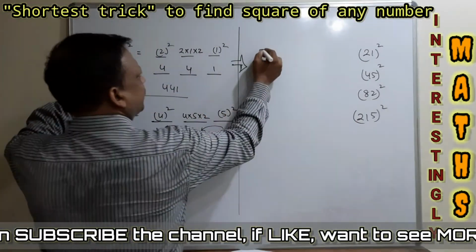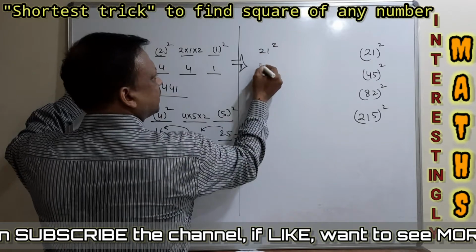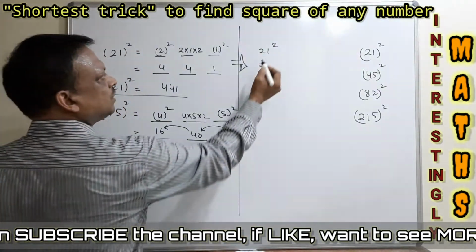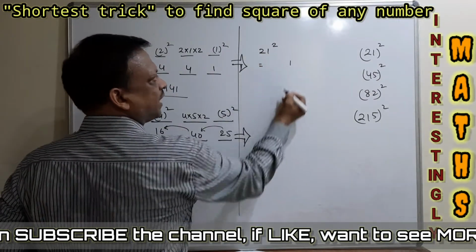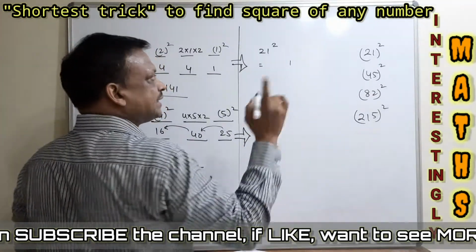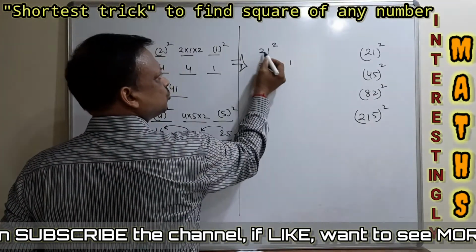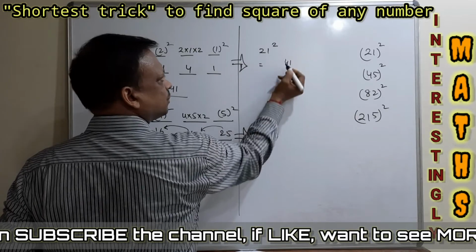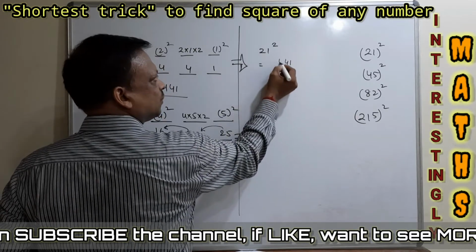So see here, it is 21 square. I will write it. First of all, 1 square is 1. Correct. Next is 2 into 1 into 2, 2 into 1 is 2, into 2 is 4. And then the square of this 4.